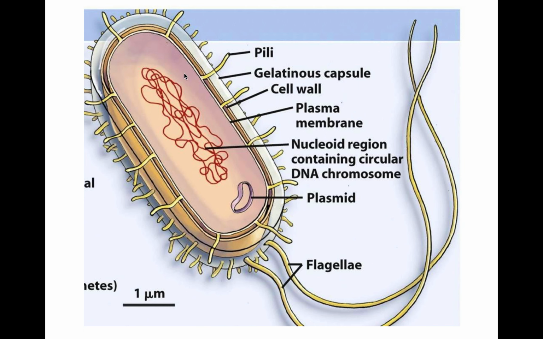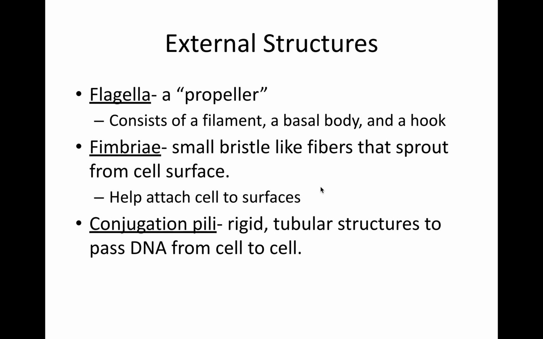These pili can reach the plasmids or the DNA, and also go to the outside. So they're actually going to act like little needles, and they will insert themselves in another cell and pass DNA. That's how they get variation.